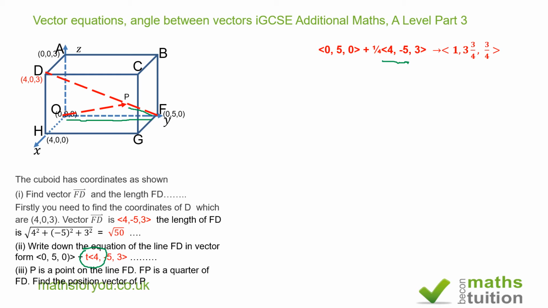So we end up with 1, 3 and 3/4, and 3/4 there. So that would be the position vector of P.